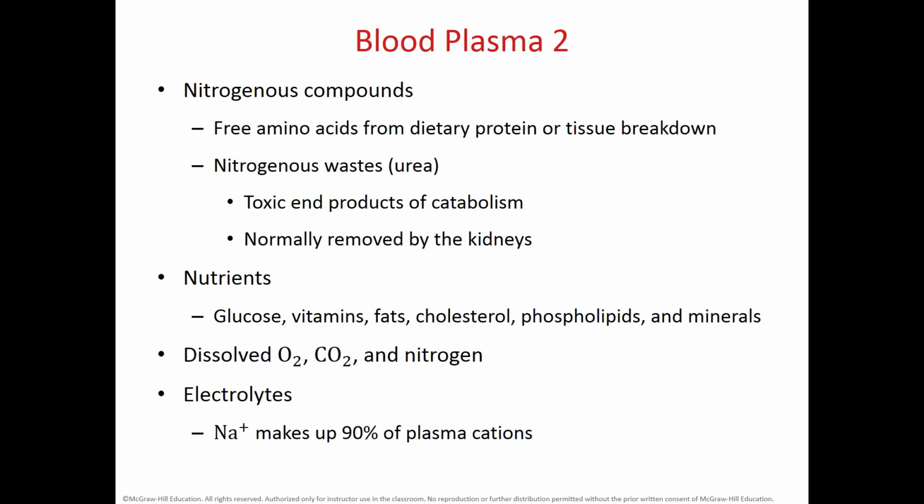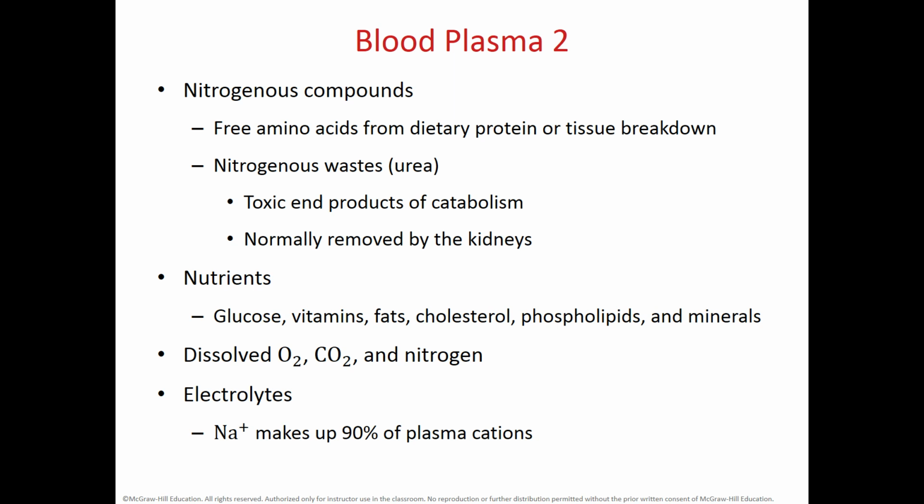Within the plasma, you not only have proteins, but you have nitrogenous compounds, like the free amino acids that you acquire from the proteins that you ingest, or free amino acids that can be freed up after someone has an injury and you have tissue breakdown.